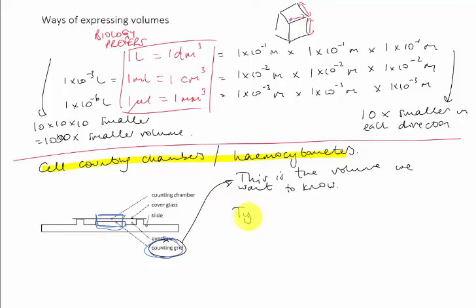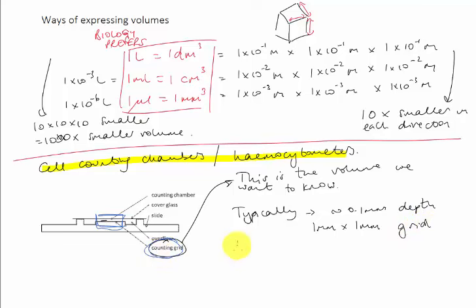So typically, we might have a depth of maybe 0.1 millimeter. So that's this piece here. And maybe 1 millimeter by 1 millimeter is the size of this counting grid.